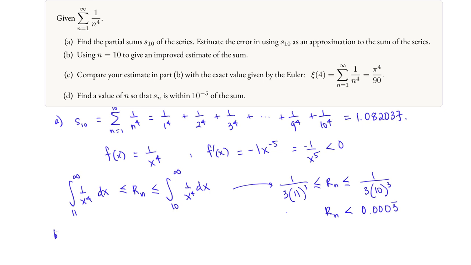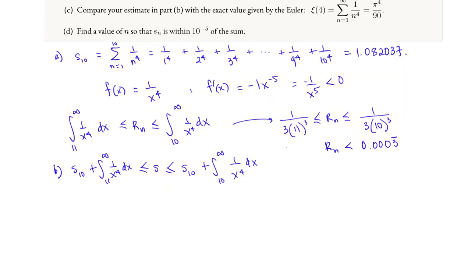The theorem also states that whatever the actual sum is, it is between the partial sum plus the integral from 10 to infinity of 1 over x to the fourth dx, and the partial sum, which is s sub 10, plus the integral from 11 to infinity of 1 over x to the fourth dx.